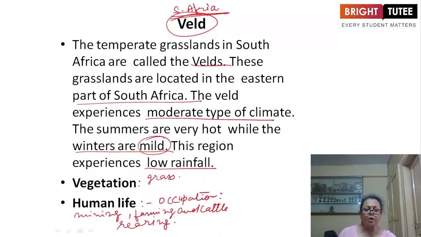So these are the main occupations of the people to survive in this veld region. Because of that, the vegetation is not so fine. Only grass is grown over here.